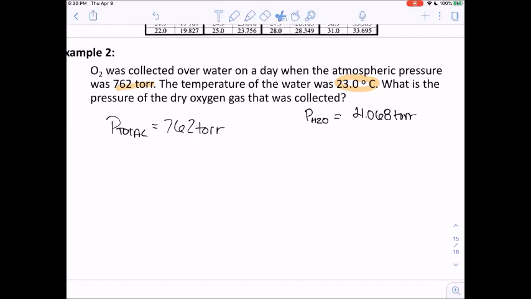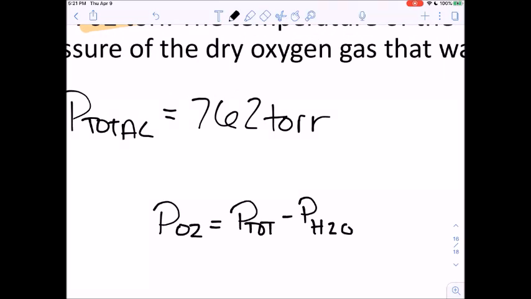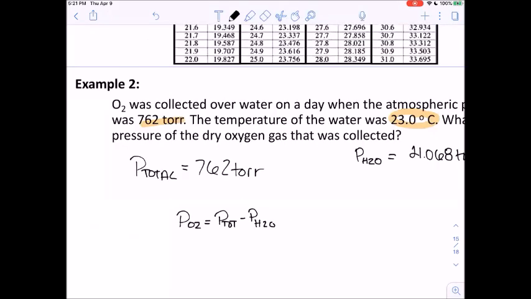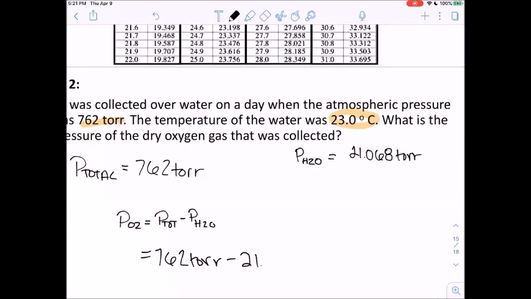So the pressure of the dry oxygen gas is going to be the total pressure minus the pressure of water. So there's our formula right there. We just need to plug our numbers in now. So the total pressure we found to be 762 torr minus the pressure of water, which we found on our chart to be 21.068 torr.